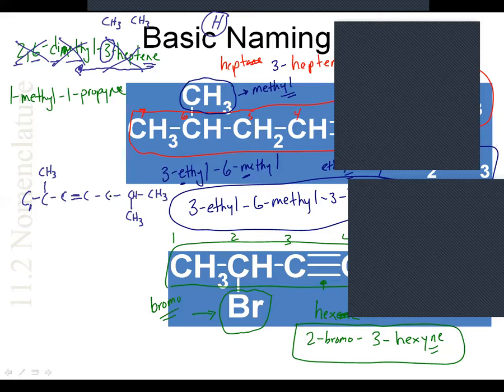The guy next to that one has 2 lines coming in, which means he needs 2 hydrogens. The guy next to him has 3 lines coming in, which means he only needs 1 more to get the 4. The guy next to him has 3 lines coming in as well. We'll need 1 more to get the 4. The guy coming next to him also has 3 lines. He will need 1 more.